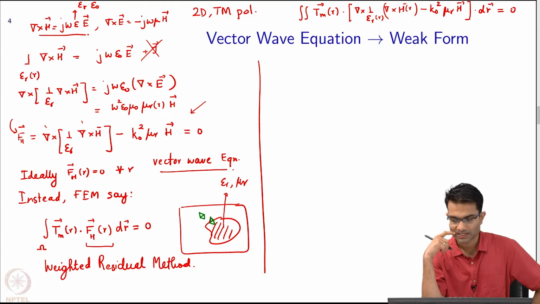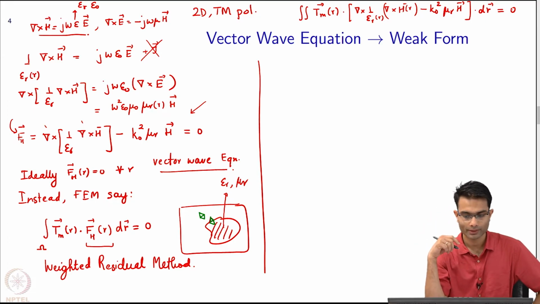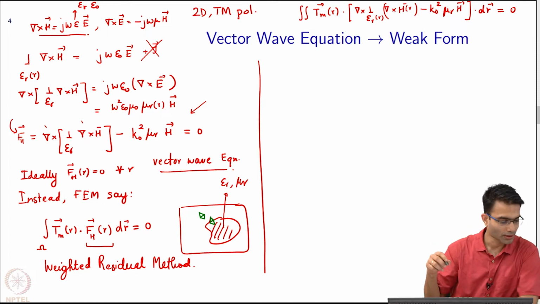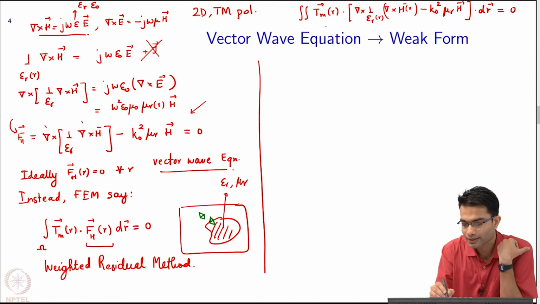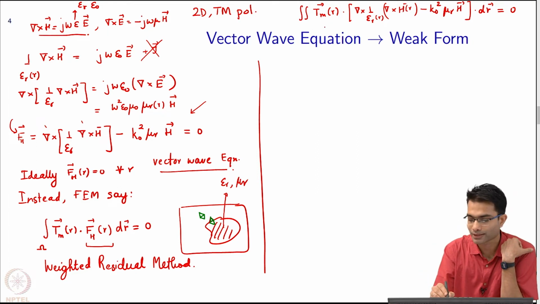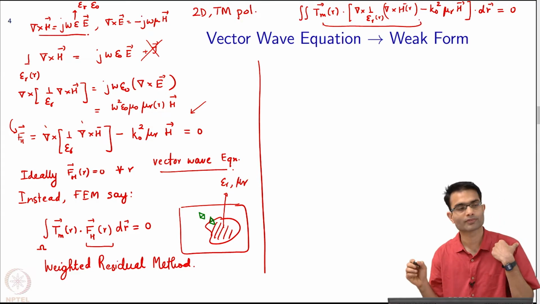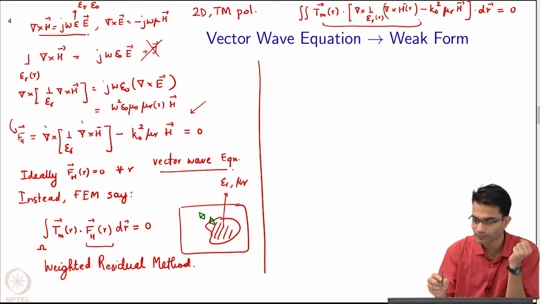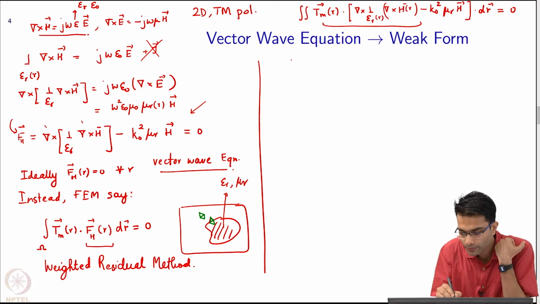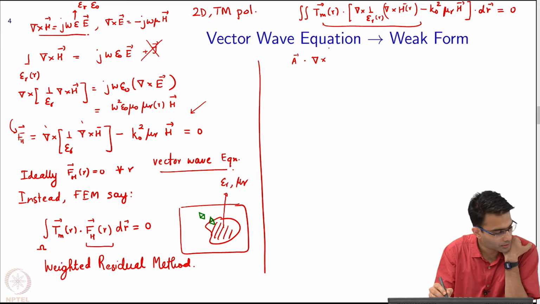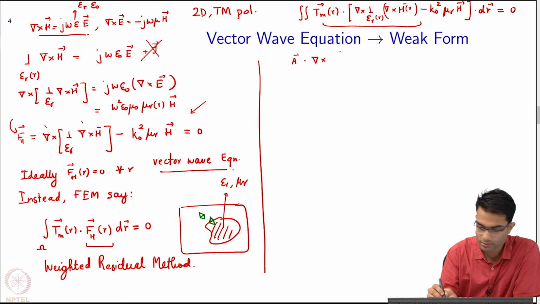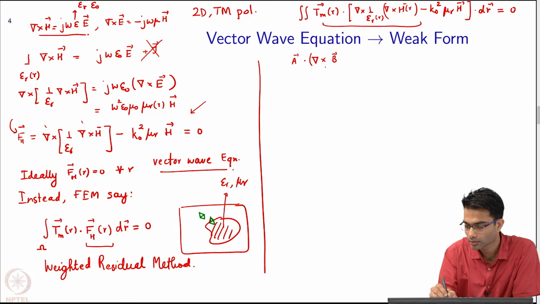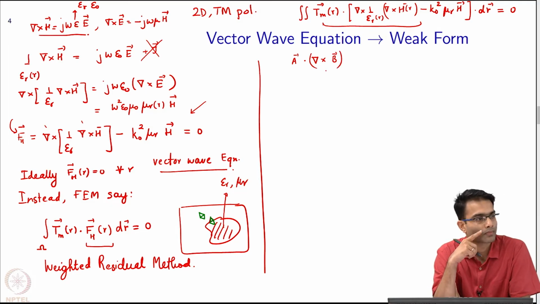Okay. So, now is the part where we will have to apply integration by parts. So, let us look at a very simple identity. This first part of the left hand side, okay, this is what we are going to look at. The second part is easy. So, what does this look like? This looks like A dot del cross, can I write it as simply this, right.